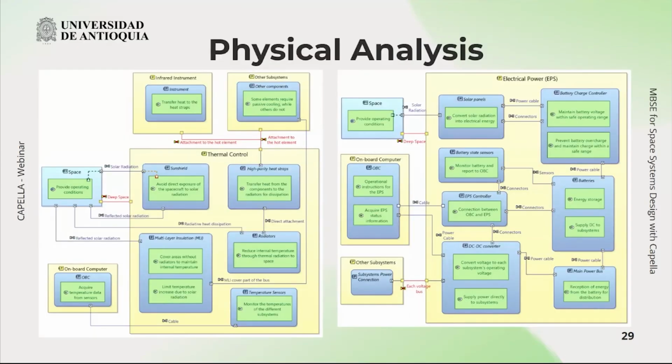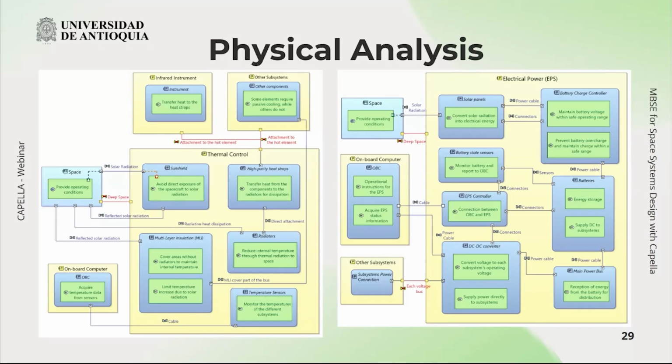And it is the same process. We made the physical analysis for each subsystem, physical architecture. It has a high level of detail, as you can see here. For instance, for the thermal control, we have specific components such as the sun shield, because the infrared instrument must always be protected from sun rays.